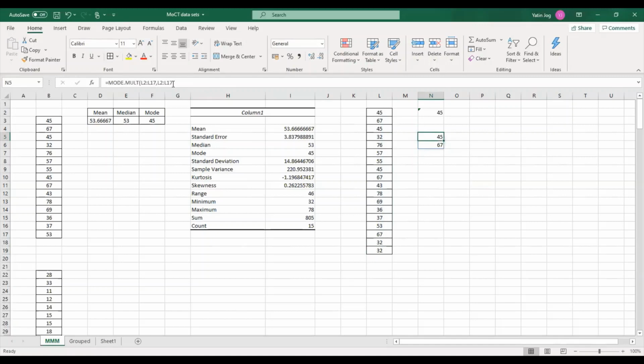So I'll just go and modify this data set. My end limit is now 18 instead of 17, and then I have to repeat this data set a 3rd time because my data set has 3 mode values. Okay, just a minute.